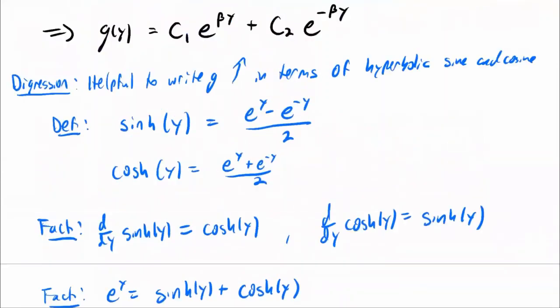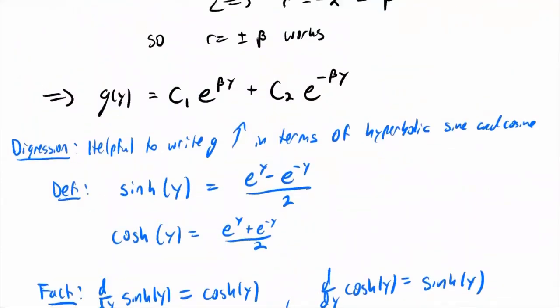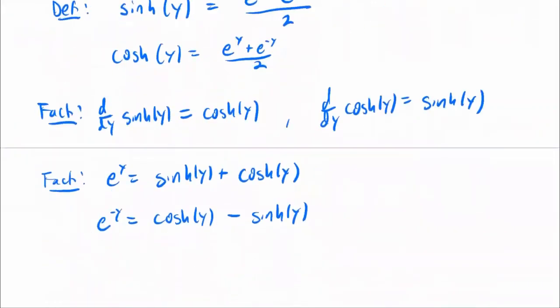Okay. And so if we come back to this formula for g, I can replace e to the beta y by some combination of hyperbolic sine of beta y and hyperbolic cosine of beta y, and similarly for e to the minus beta y. Let me say that these constants are C1 tilde and C2 tilde. I'm going to plug in these formulas for e to the y and e to the minus y respectively, and write my solution in terms of hyperbolic sine and hyperbolic cosine.